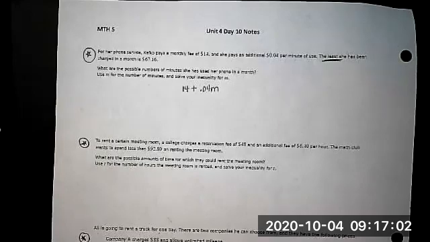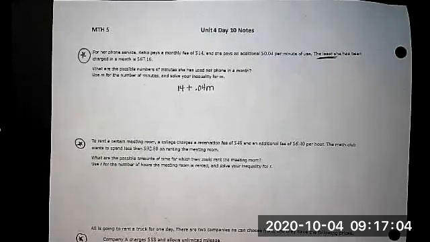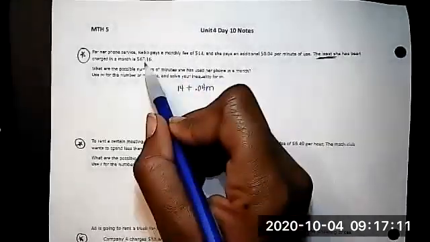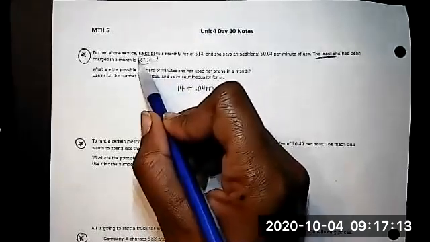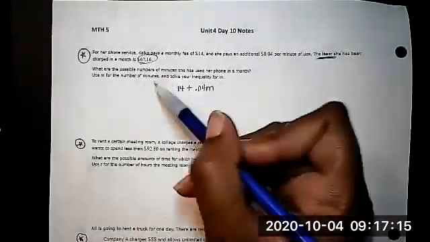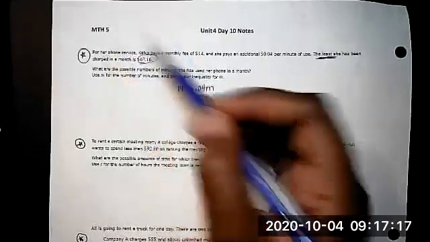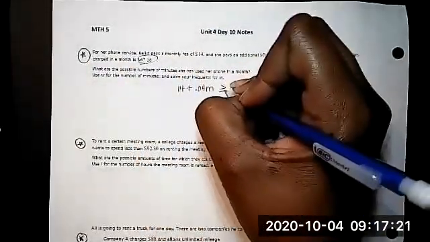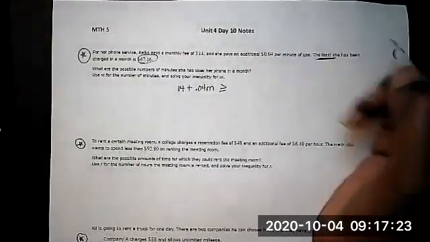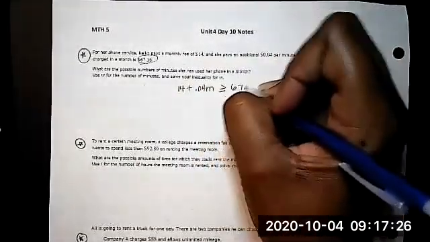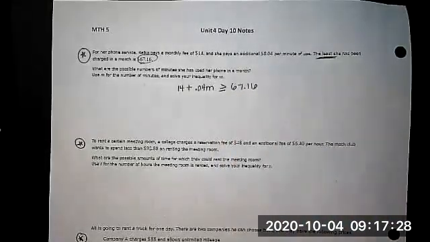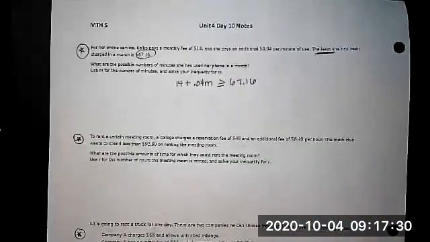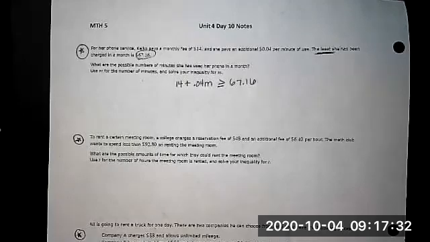That means she's been charged more, or actually this can be the actual number that she has been charged, but she has been charged only this number or more. So that's why we're going to have greater than or equal to in this case. And then 67.16 is the least she had been charged. So you have to know how to set it up. That's what's important.